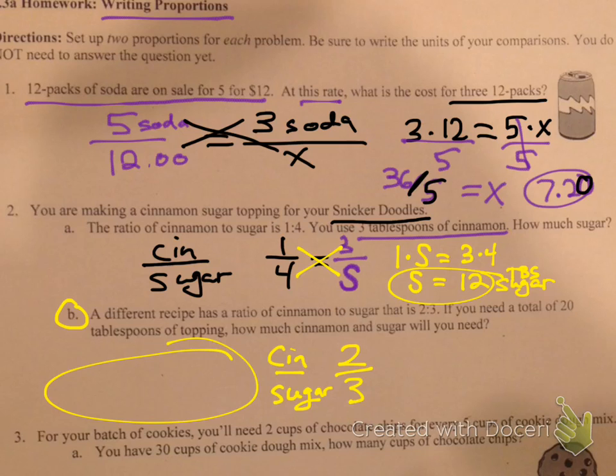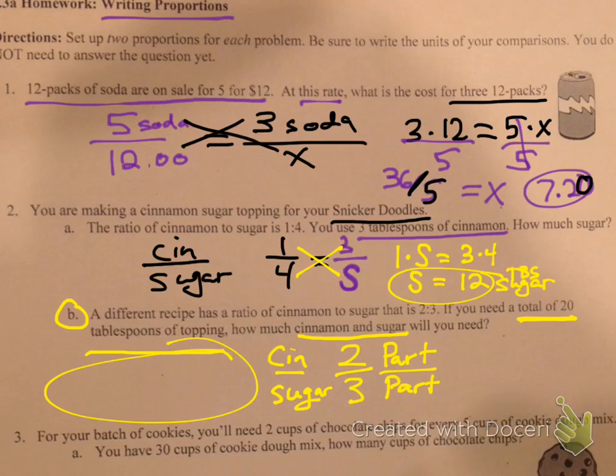If you need a total of 20 tablespoons of topping, how much cinnamon and sugar will you need? So right now, guys, this is part cinnamon to part sugar. But they want to know the total of 20 tablespoons of topping.